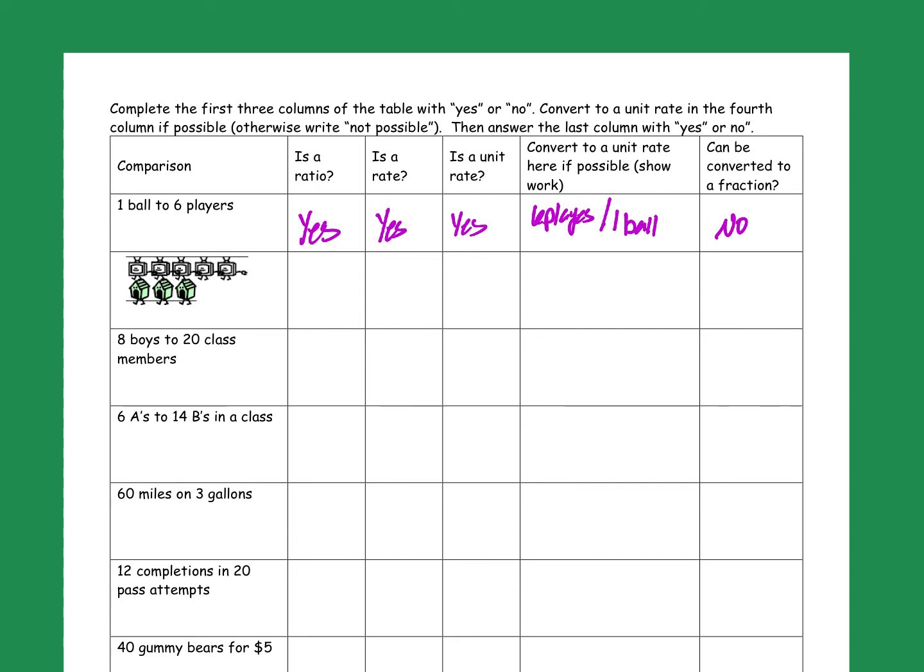Is the TV and the housey thing a ratio? Yes. If I can write it as a fraction, it's a ratio, right? If I can use a fraction bar. Is it a rate? Yes. This is a rate. I have 3 TVs per house. So yes, it's a rate. Is it a unit rate? No. Can I write it as a unit rate? Well, oh, hold on. Oh, they tricked me.